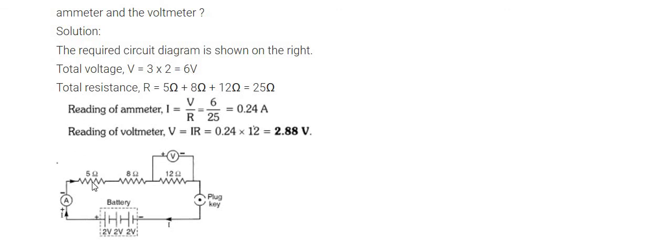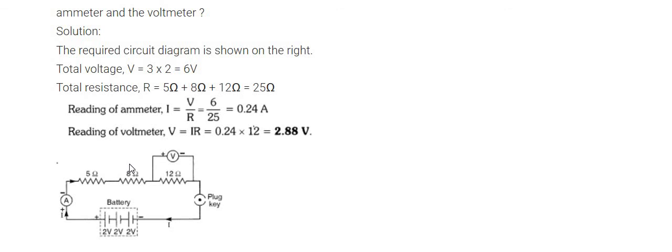Now let's see the total resistance. As we know, 3 resistors are connected in series. So the series resistance formula is R equals R1 plus R2 plus R3, so 5 plus 8 plus 12. The total resistance of this circuit is 25 ohm.